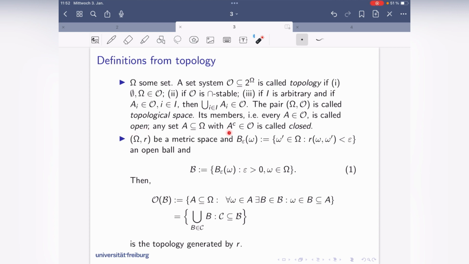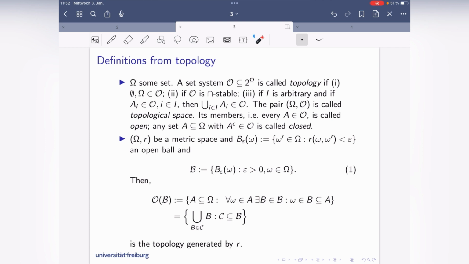And complements of open sets are called closed sets. Note that a set can be both open and closed. For example, here the whole set. It's open because it's in the topology, but it's also closed because its complement, which is the empty set, is also in the topology.